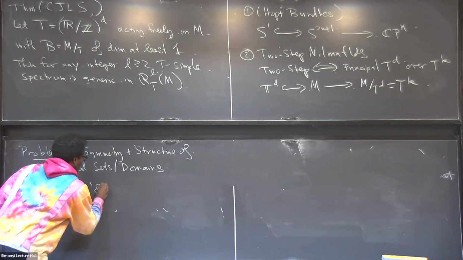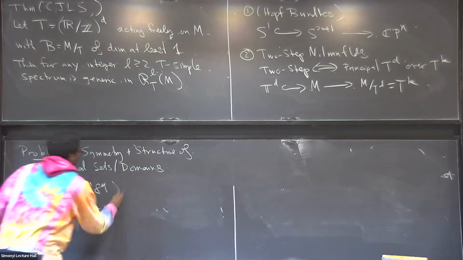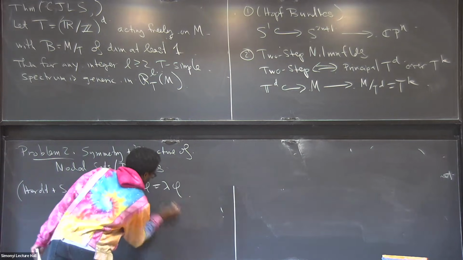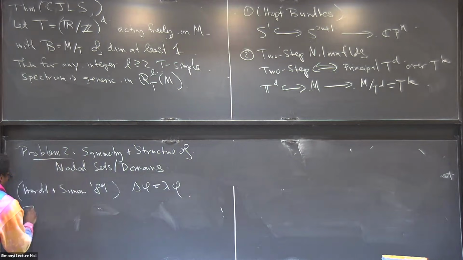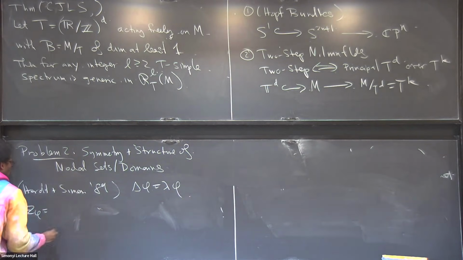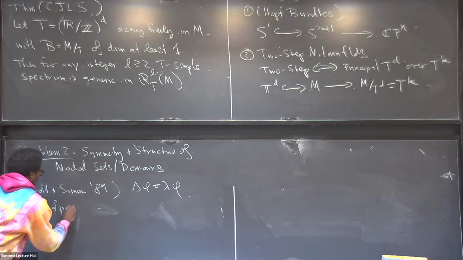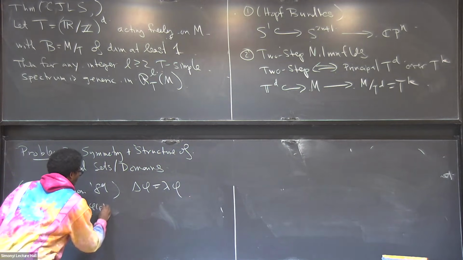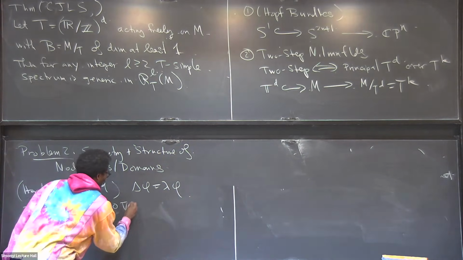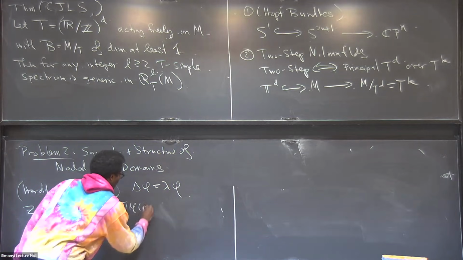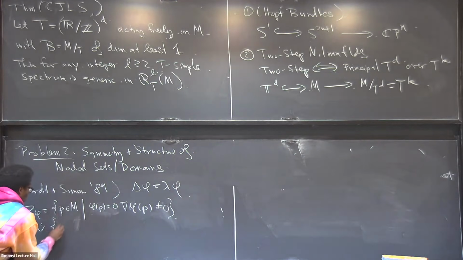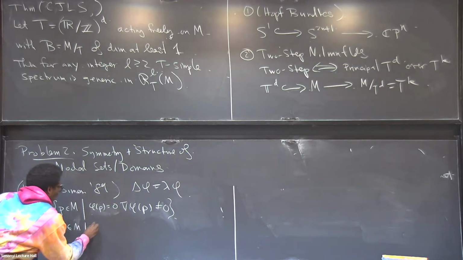that if this guy is an eigenfunction, then its nodal set, we can look at the points where phi of p is 0 and the gradient of phi at p is non-zero. And then that's a disjoint union with the places where it's singular.